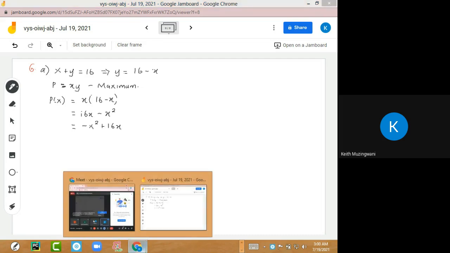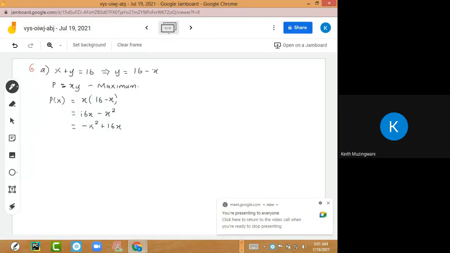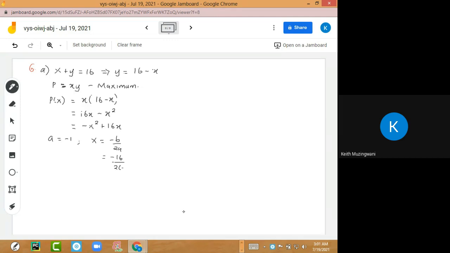This means that our A in this case is -1. So we'll have a maximum at x is equal to -b over 2a, which is -16 over 2 by -1, which is equal to -16 over -2, which is 8.